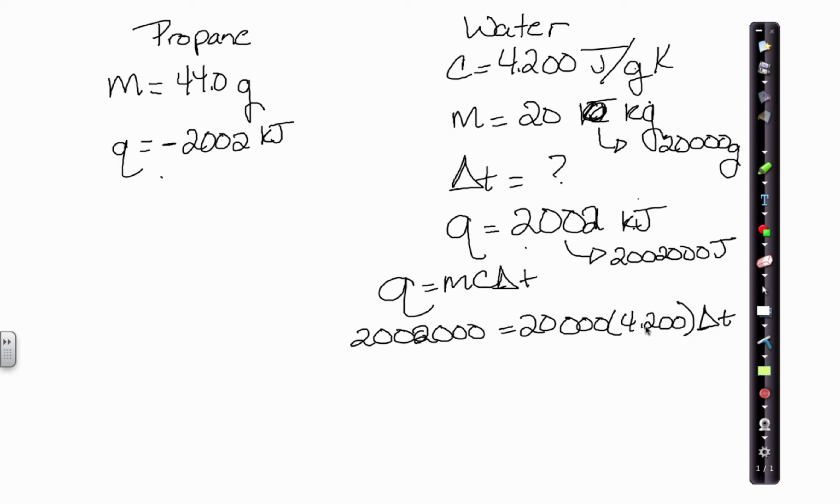So I'm going to plug everything in the calculator and solve, and my delta T should be equal to 23.8. Now, to figure out the unit here, well, I know my kilojoules will cancel, my joules will cancel, my grams will cancel. I'm going to be left with Kelvin, which is going to be my unit here. So if this is combusted and I have a water bath and all the energy is transferred, the temperature of the water will go up by 23.8 kelvins.